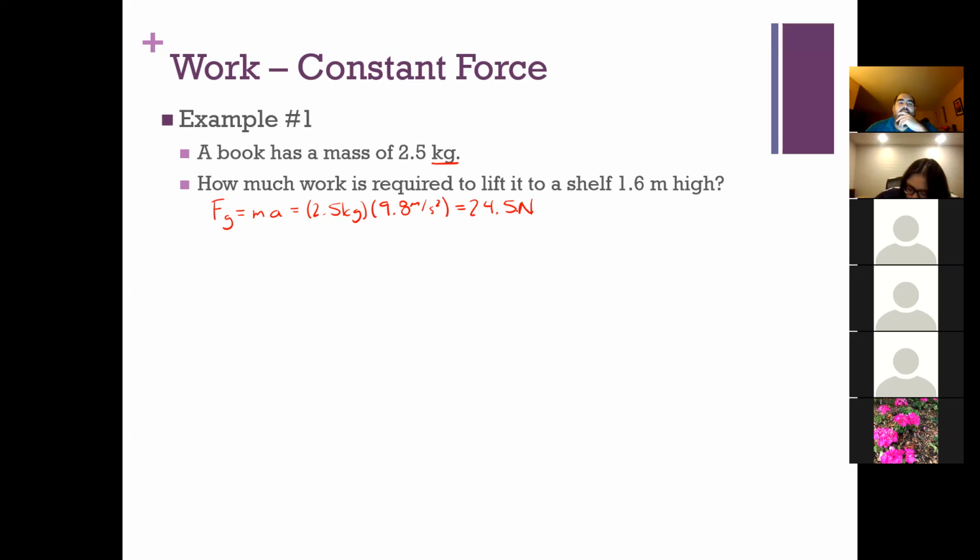So I have the force and I have the displacement, so I can pretty easily from there find the work.